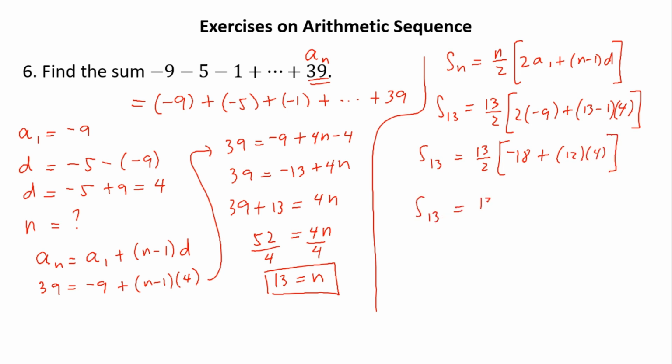So we have 13 over 2 times negative 18 plus 48, which is equal to 13 over 2 times 30. And take note, we can just divide first 30 by 2 so that we will get 13 times 15. And so s sub 13, or the sum of the 13 terms, is 195.